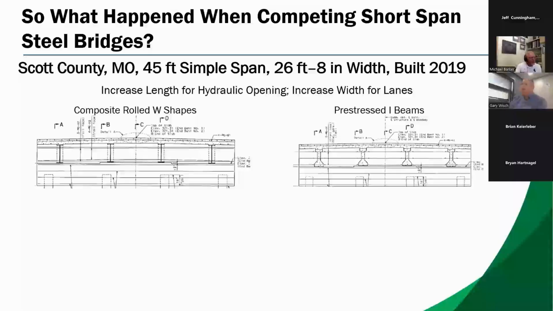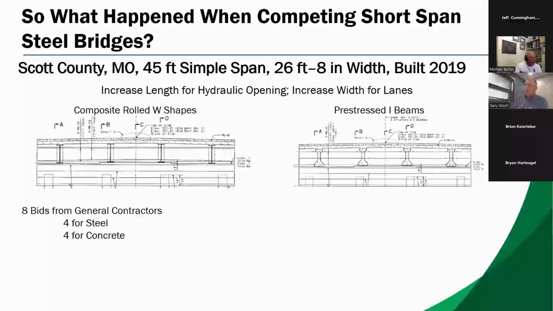And it was a 45-foot simple span with a 26 8-inch width. And of course, we're going to look at a composite rolled shape bridge and a pre-stressed I-beam bridge. And that's what they did. And it went out to bid, and there were 8 bids from general contractors, 4 for the steel solution and 4 for the concrete solution.